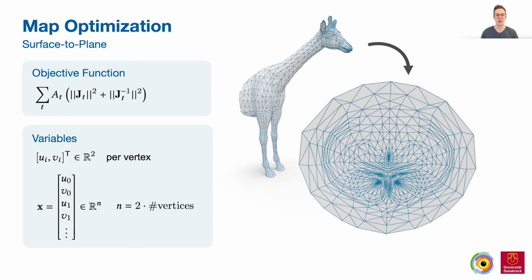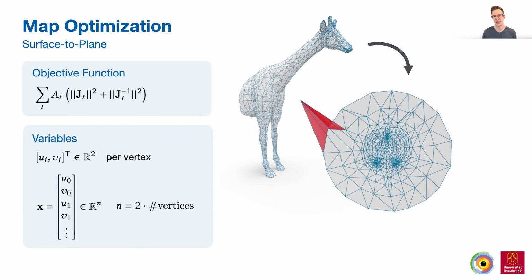Now that gives us an alternative perspective to considering all these individual 2D points. Namely, we consider x as a single point in n-dimensional space. We also call R^n our search space or solution space. Every point in R^n corresponds to an arrangement of vertices in the plane, and we can evaluate the objective function for it. At many points it will be infinity, because our injectivity constraints might be violated.